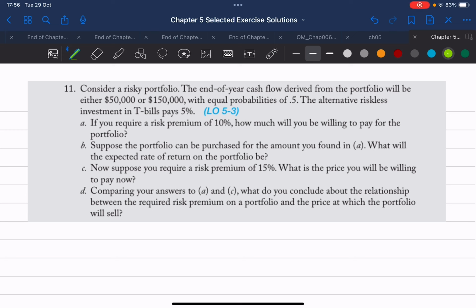So the expected cash flow in this case is going to equal 50% or 0.5 multiplied by $50,000, plus another 50% or 0.5 multiplied by $150,000, okay?